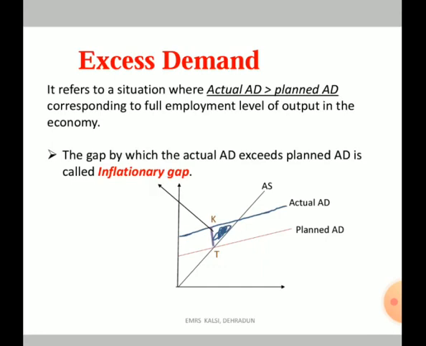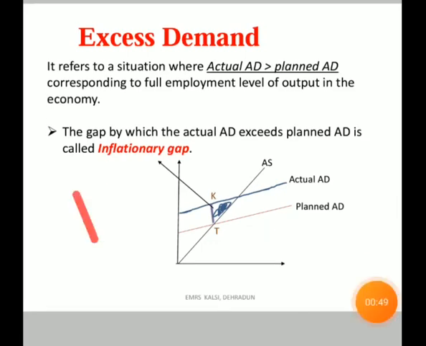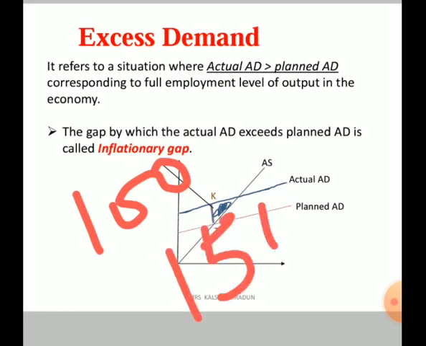It is a situation where the planned AD is less than the actual AD. It means the producers in our economy planned that in this financial year there would be a demand of goods of rupees 100, but in actual the demand increases to 150.